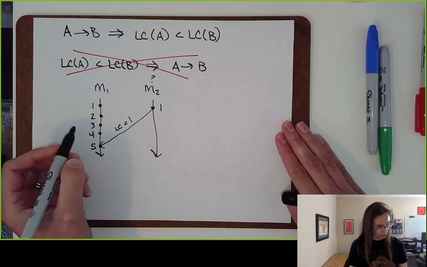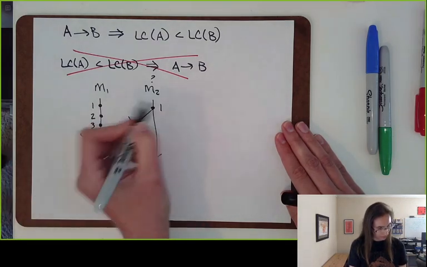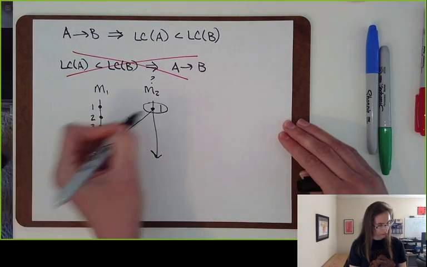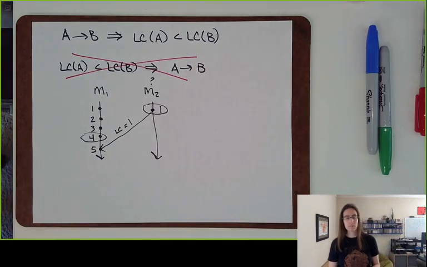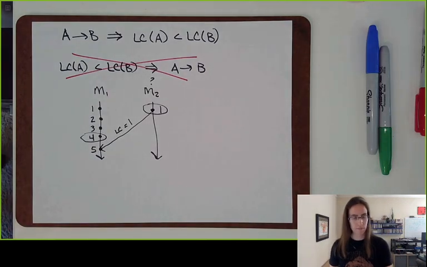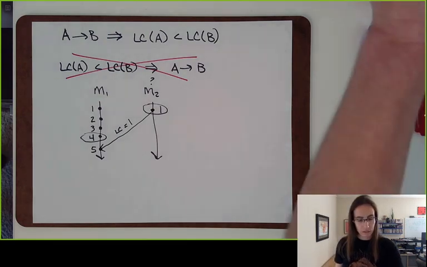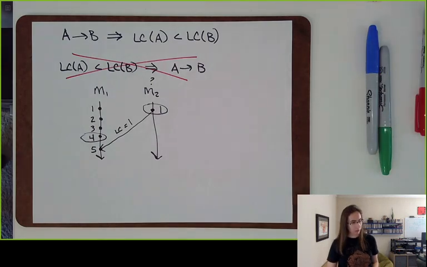But if we were to look at two events on here, like say this one and this one, what's the happens before relationship between these two events? Do they have a happens before relationship? Yeah, these events are not related by the happens before relation. That's right.